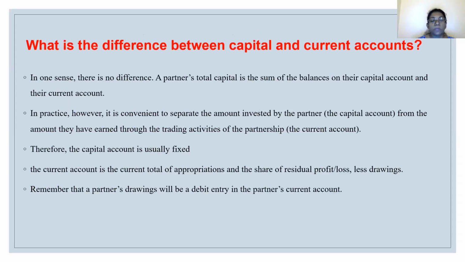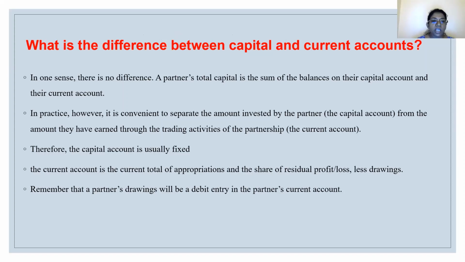So the difference between the capital and current account. So what are the differences, right? In one sense, there is no difference, but a partner's total capital is the sum of the balance on their capital account and their current account.